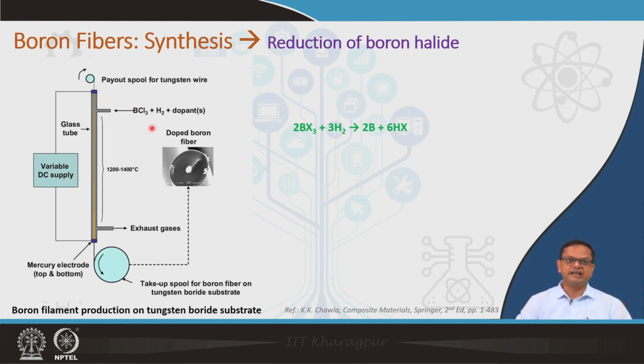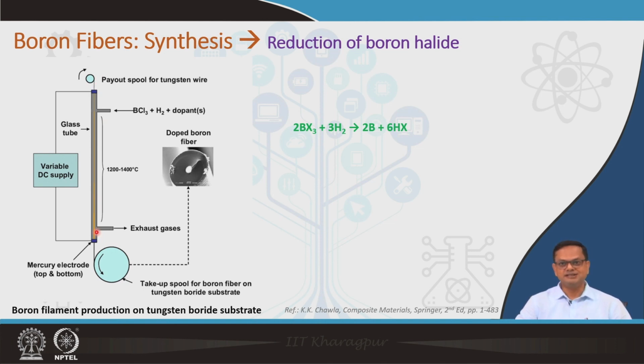The input is here, you can see the boron halide, in this case BCl3, and hydrogen, and some amount of dopant could also be given. Then by this reaction, boron gets deposited on the surface of the tungsten, and this tungsten wire is continuously moving.